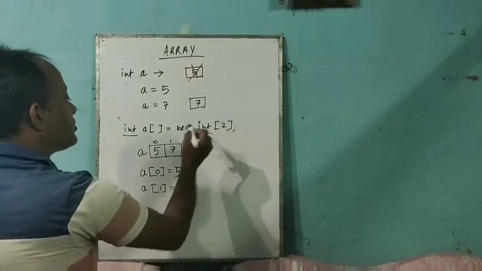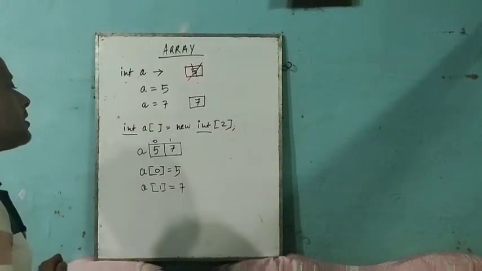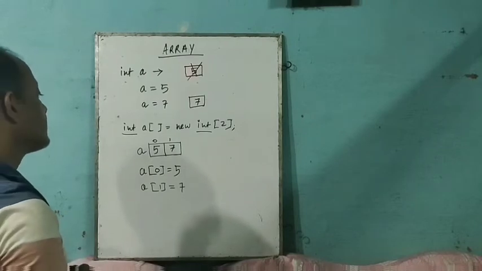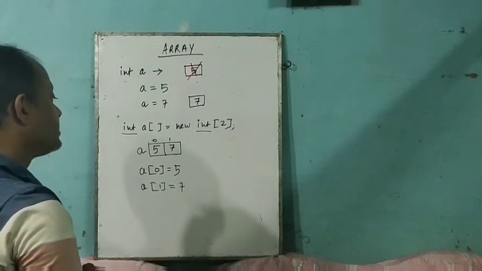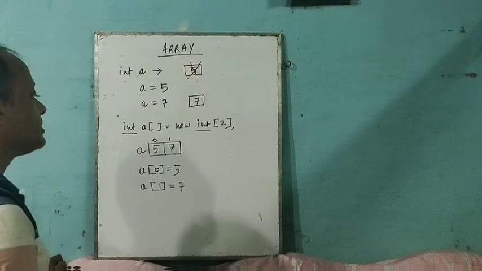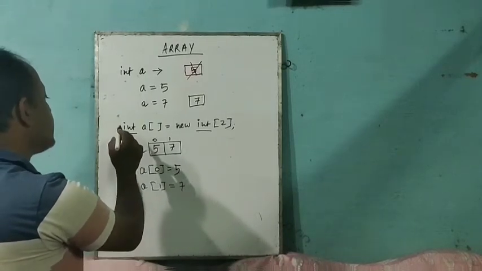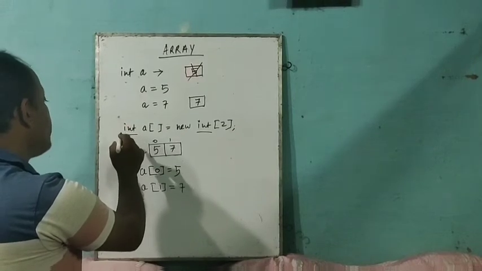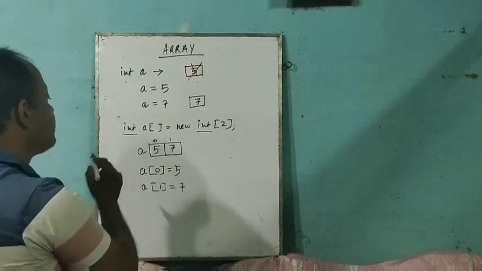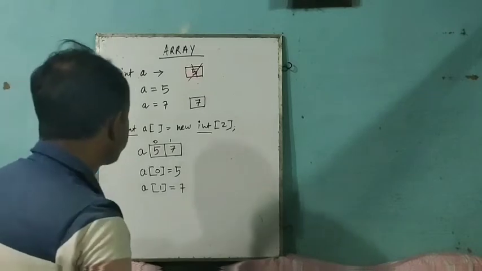If we write here 2, we are creating two compartments in one array. And if we write 20, then we are creating 20 compartments. It will be the same for string, int, double, float, char, for every type of variable.